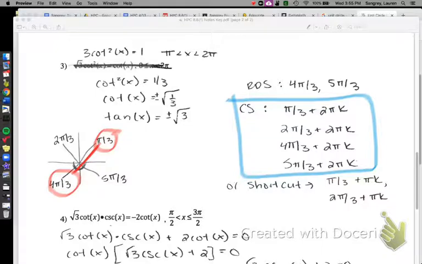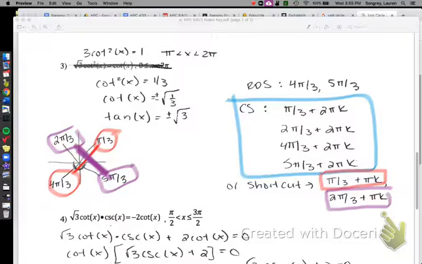So because of that, we can say pi over 3 plus pi k. Similar with 2 pi over 3 and 5 pi over 3. They are diagonally across from each other on the unit circle. So we can just say 2 pi over 3 plus pi k. So as you're doing these problems, we do want to get into the habit of being efficient and using that pi k.